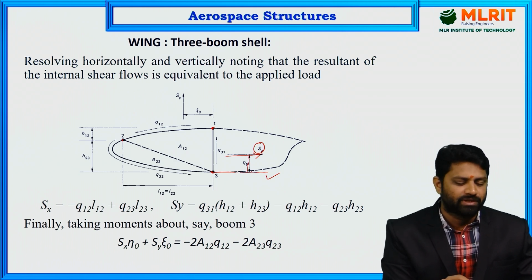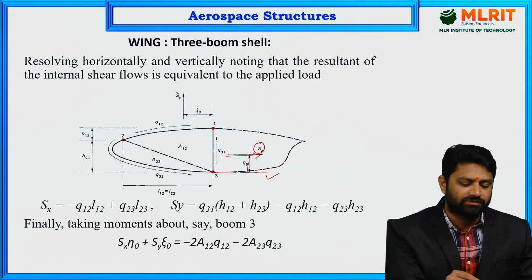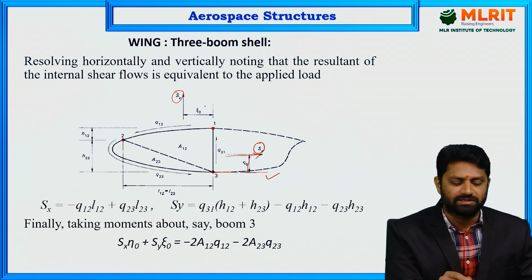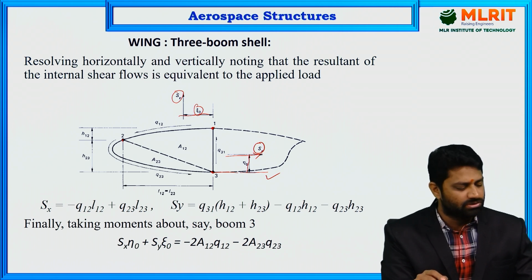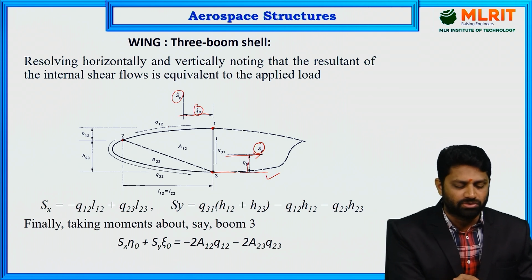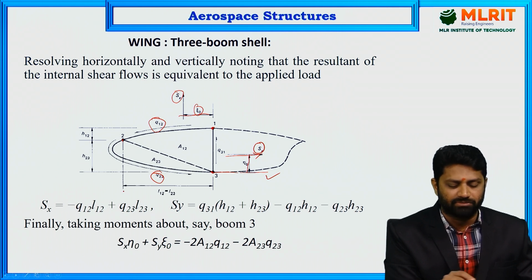Then we have Sy, which is a vertical load acting at a distance of zeta naught from the line of action of web 1-3. So this is zeta naught. Sx and Sy are the horizontal and vertical shear loads, and let's also represent the shear flows. From 1 to 2, let the shear flow be Q12, from 2 to 3, Q23, and from 3 to 1, Q31.